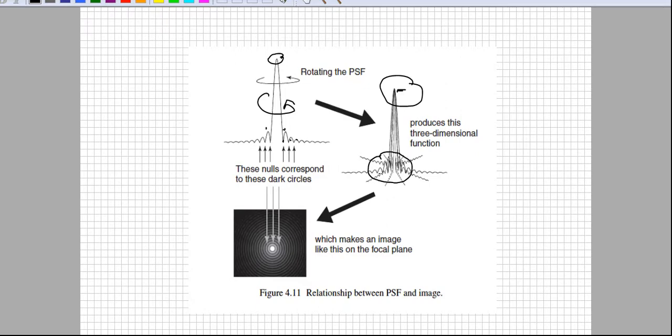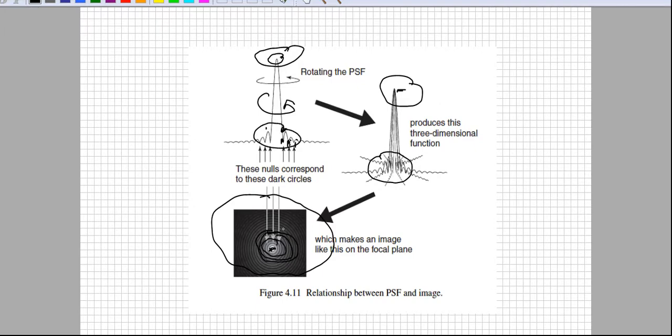That's what a graph of brightness looks like, but if you actually turn it into an image, you get this thing down here. And if you've ever looked through a telescope, you might have seen something like this. This is the point spread function as it looks in an image. The bright central peak here, that's just the peak of the point spread function. And if you move away from it, it gets a little dimmer, and you get to a point where there's actually a dark line. Those are these nulls rotated around into different places on the focal plane.